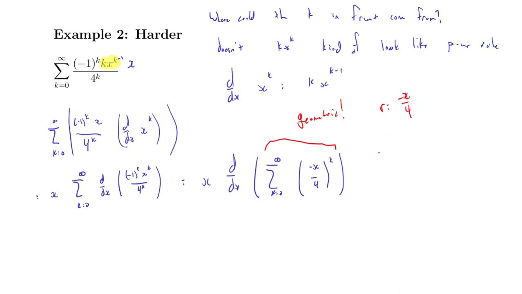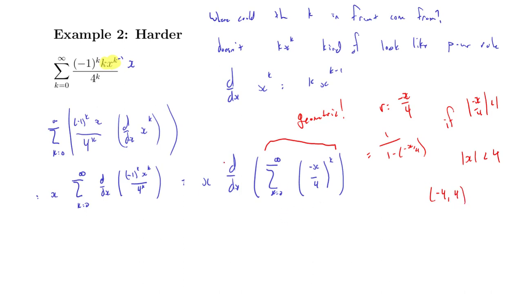So right off the bat, I know what this thing is going to converge to. This thing is going to converge to 1 over 1 minus negative x over 4 if the absolute value of negative x over 4 is less than 1. Or you can say the absolute value of x is less than 4. So our interval of convergence is negative 4 to 4.